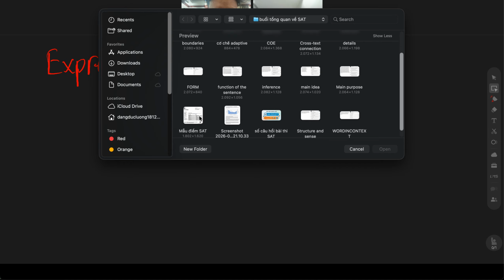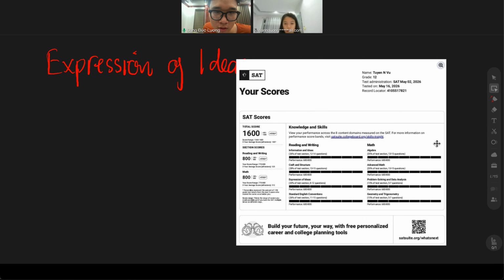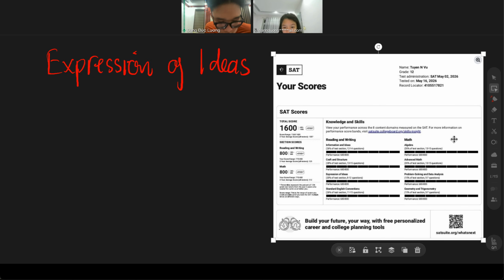We already went through the information and ideas, craft and structure, standard English conventions, and here the last part is expression of ideas.